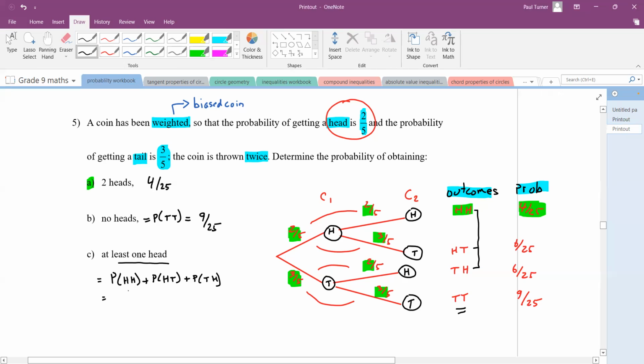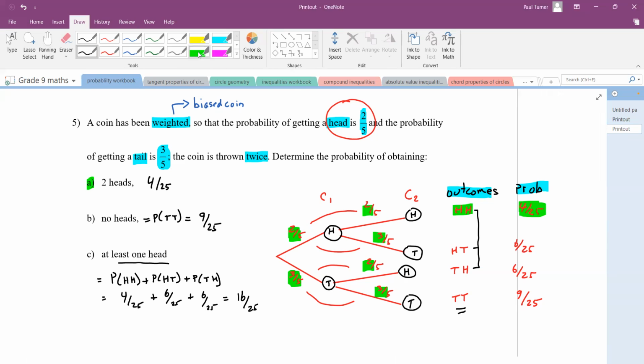So we add those fractions. So we got 4 out of 25 plus 6 out of 25 plus 6 out of 25. So 2 6s are 12 plus 4, that's 16 out of 25.